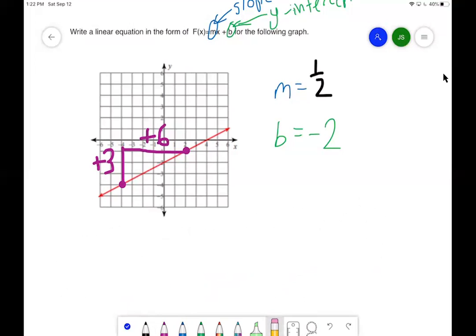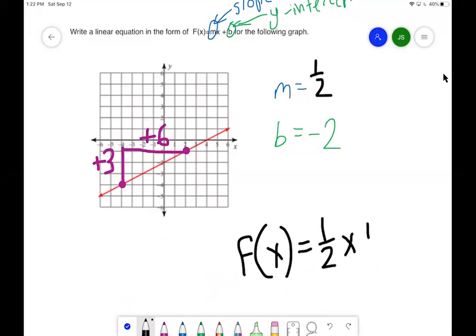Once I have my slope and my y-intercept, I am able to write my equation again, but with my numbers now. So I have f of x equals half x plus -2. Don't forget that this is a negative.